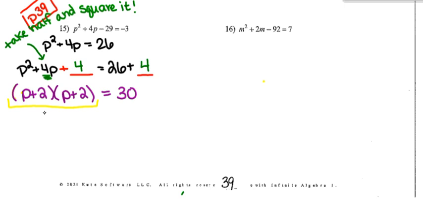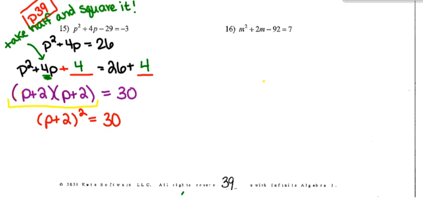So in other words, I can rewrite this to say p plus 2 quantity squared. And that's by design. When you completed the square and added that 4 to both sides up in the third line, that actually created this situation where when we factored, we would end up with two factors that were exactly the same.